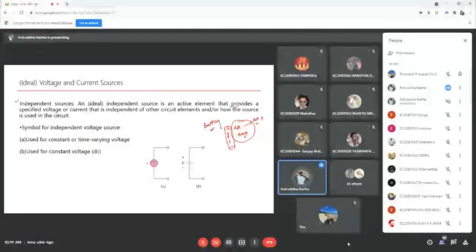What is the rating of an AA or AAA battery? Durga, Ashini, Chandru, Deepa? 1.5. Okay. Anyone else? Tawfiq, Jubin.